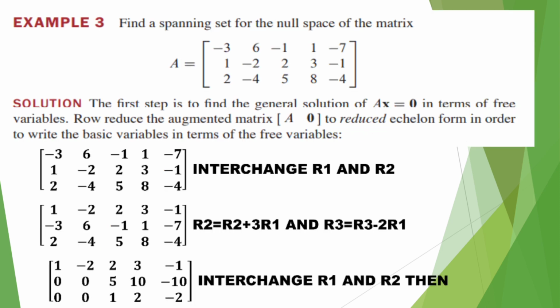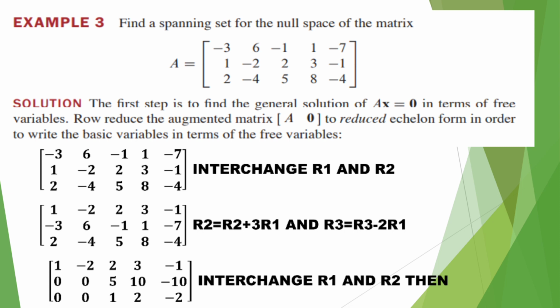Now the next problem: find a spanning set for the null space of the matrix A. Here the matrix A is given, and we want X, the spanning set. We find X from the equation Ax equals 0 bar.